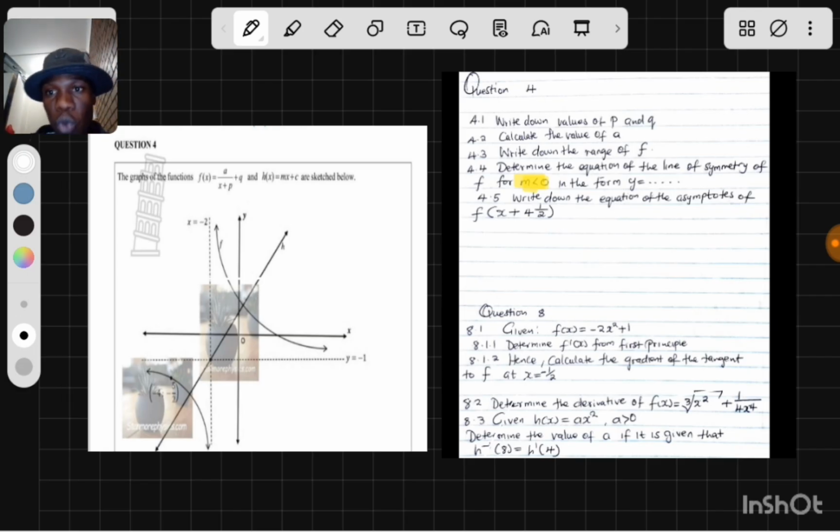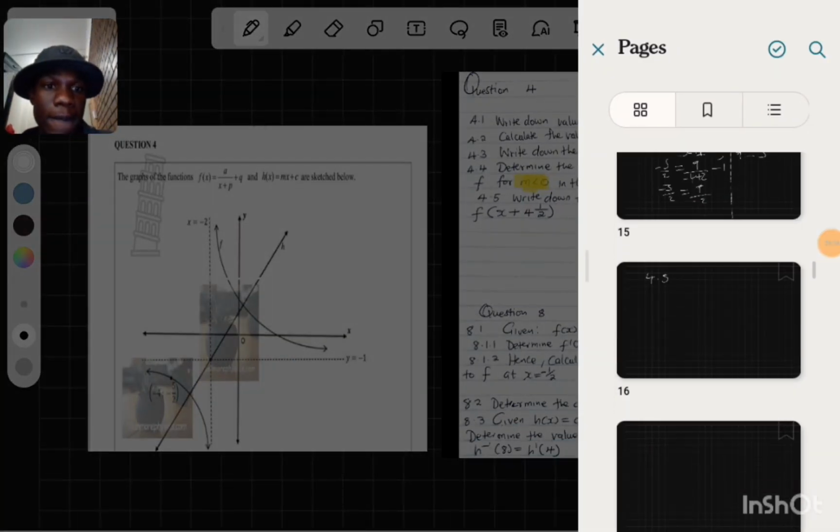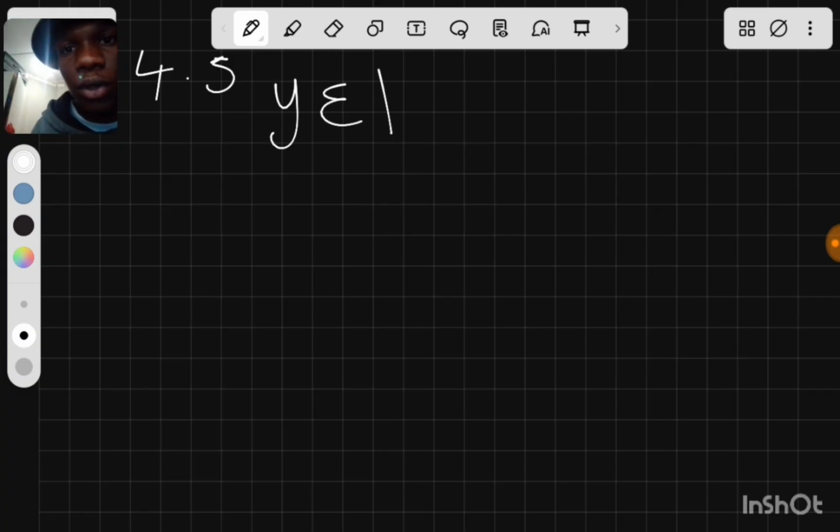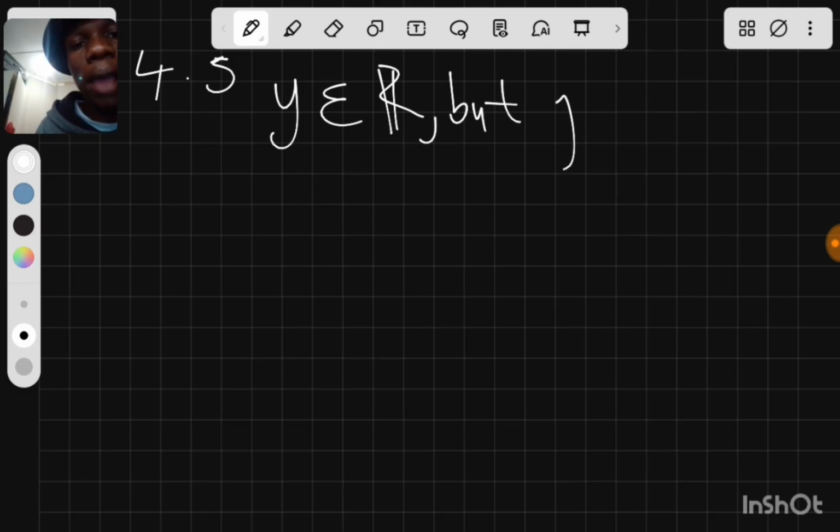Whenever you see the asymptote, know that the graph doesn't exist at this asymptote. That's why we say our range is y element of real numbers, but y is not equal to -1.